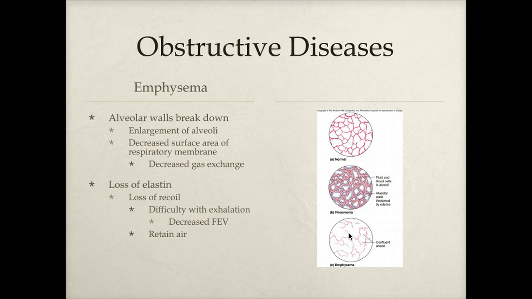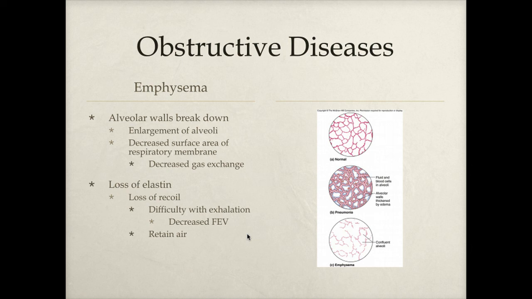Now remember that measure that we talked about, the forced expiratory volume. A person with emphysema would likely have difficulty breathing air out quickly. Have a hard time getting that air out forcefully and as quickly as possible.